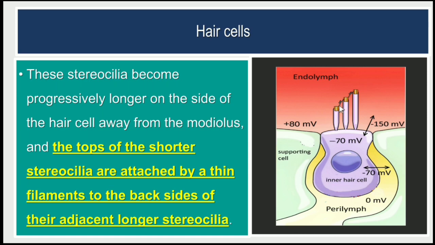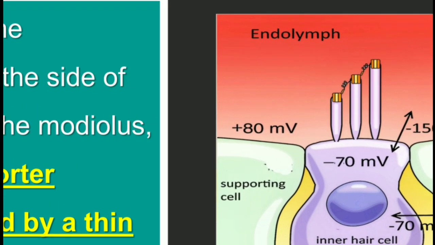In this picture, you are seeing that they are interconnected with the thin filament also. So, if one stereocilium bends in this direction, it will pull this stereocilium also, and this second one pulls this third stereocilium also in the same direction.